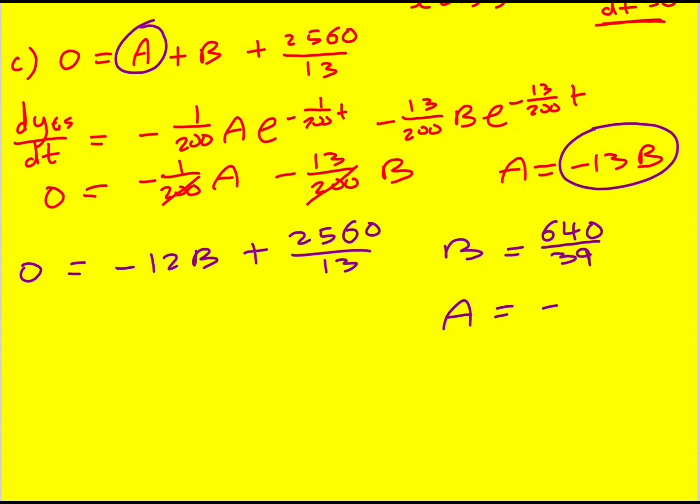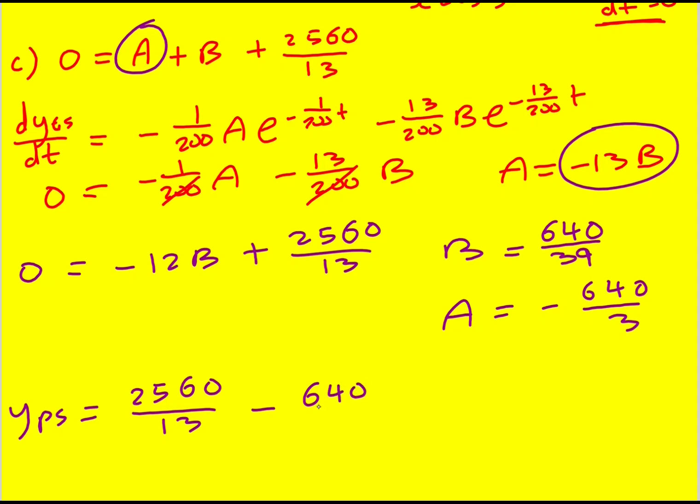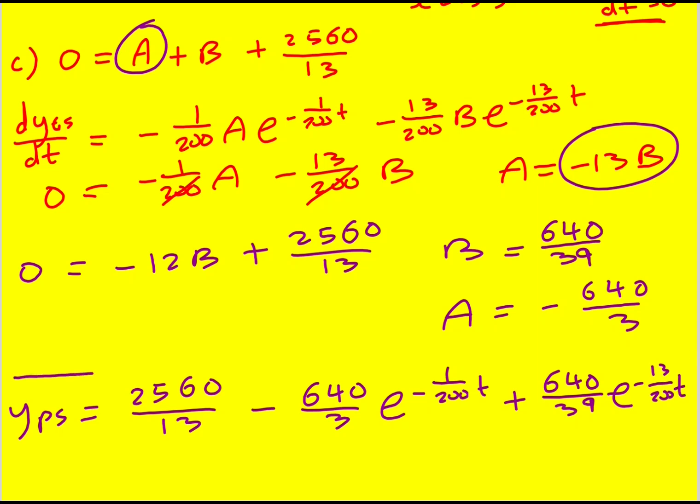It ends up being minus 640 over 3. So y particular solution is equal to 2560 over 13 minus 640 over 3 e to the minus 1 over 200t plus 640 over 39 e to the minus 13 over 200t.